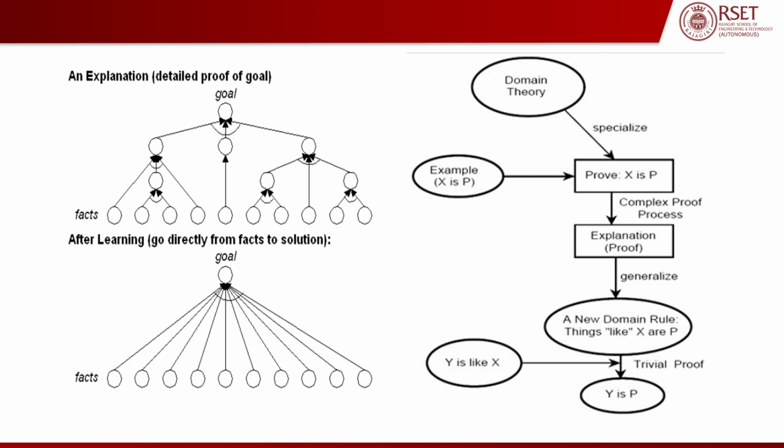The result of this reasoning is an explanation, or a type of proof. Then the system tries to generalize this explanation to create a new domain rule: objects similar to X will also have property P.